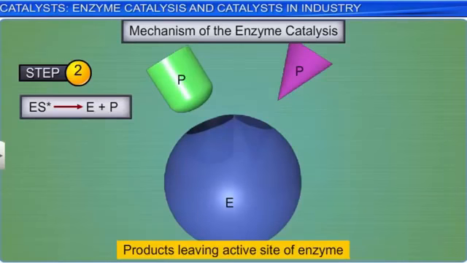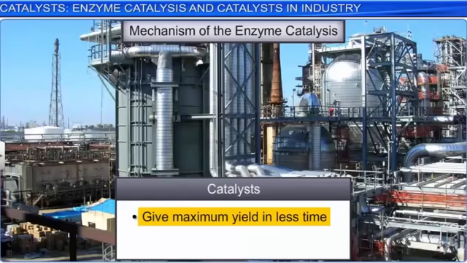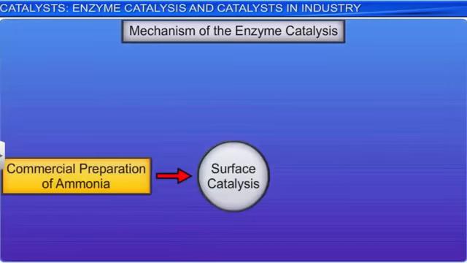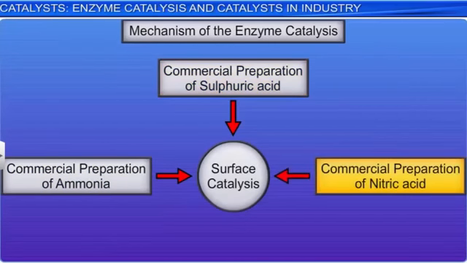In order to procure the maximum yields of the product in the least time, chemical industries use catalysts to accelerate the rate of reactions. The commercial preparation of ammonia, sulfuric acid, and nitric acid are also based on the phenomenon of surface catalysis.